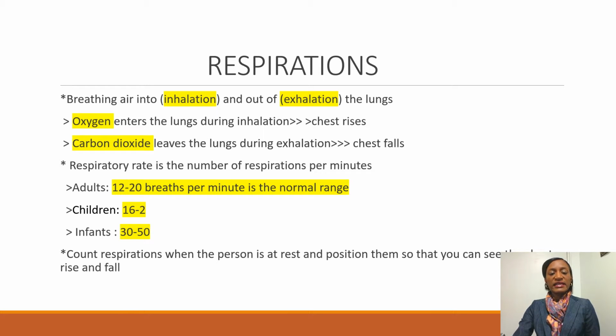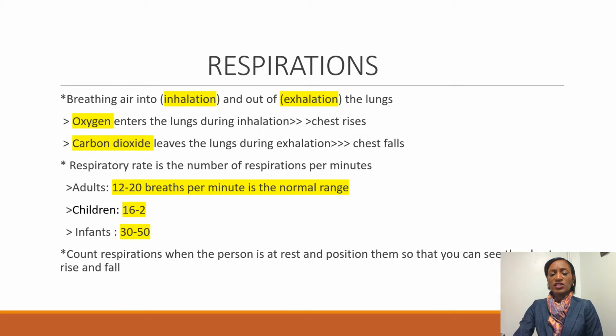Carbon dioxide leaves the lungs during exhalation, and with this you will see the chest fall. Respiratory rate is the number of respirations per minute, and an adult normal range you will see is between 12 and 20 breaths per minute. With a child, it will be between 16 to 20 breaths per minute, and an infant, it will be 30 to 50 breaths per minute.